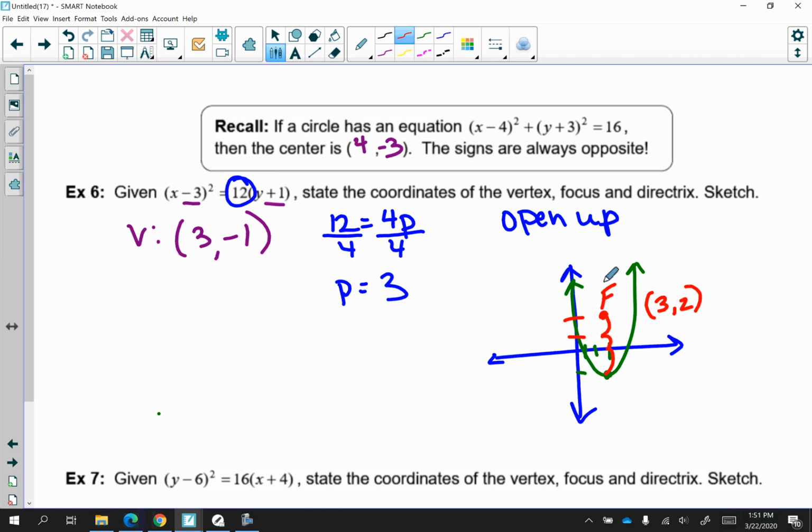That's going to be my focus. And then I'm going 3 down. So let's see, 1, 2, 3 right here is going to be y is equal to negative 4. This is my focus, and this is my directrix.